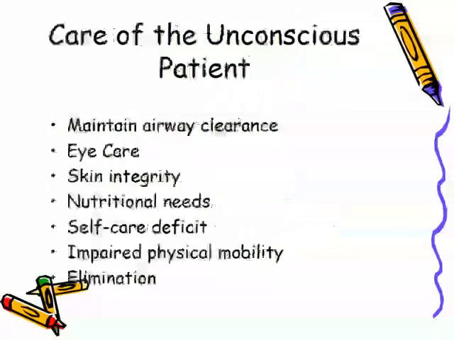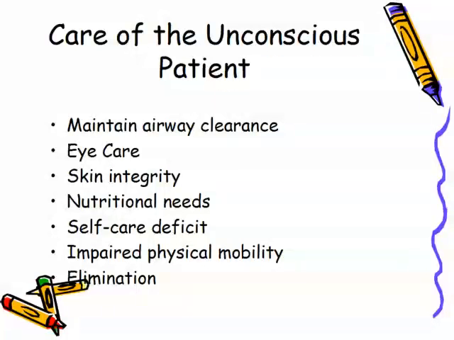For patients that are in a comatose and unconscious state, important measures are to maintain airway clearance and give them eye care. Remember, they many times don't have a blink reflex, so they will require eye drops, like artificial tears, given every 4 hours to keep the eyes moist and to keep them from developing eye complications.